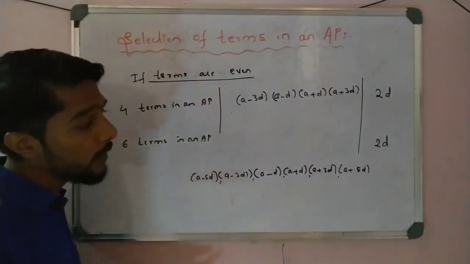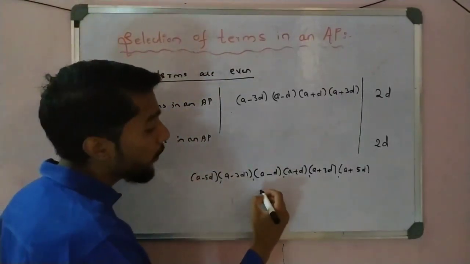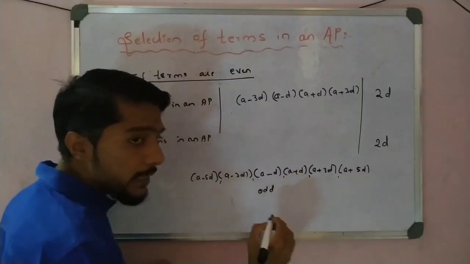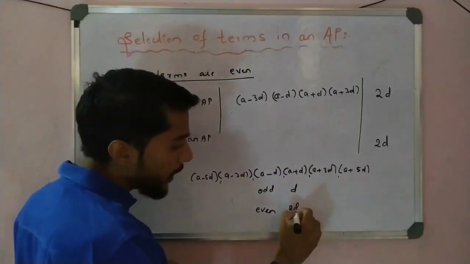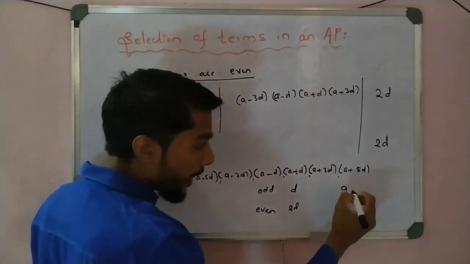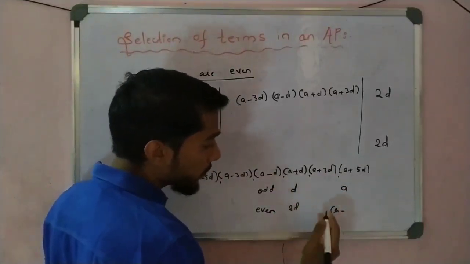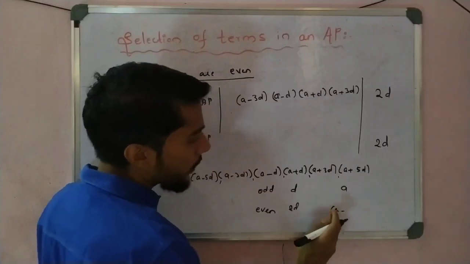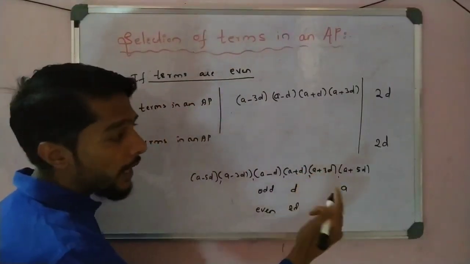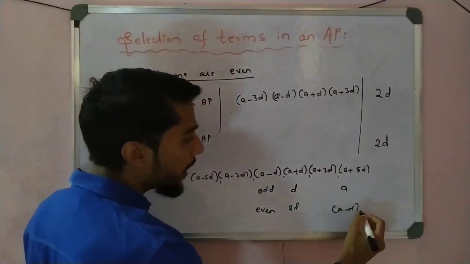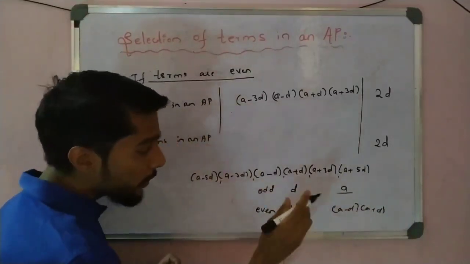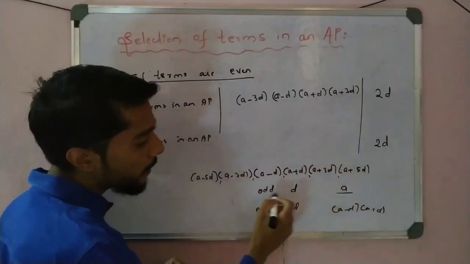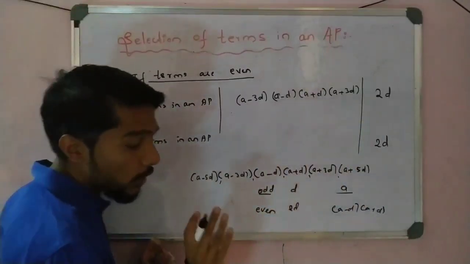Hope you understand this one. Again I repeat: if the number of terms is odd, then the difference is d, and if it is even, the difference is 2d. In odd we start with a, and in even we start with a minus d and a plus d. How to remember? 1 is nothing but odd, so we start with a.